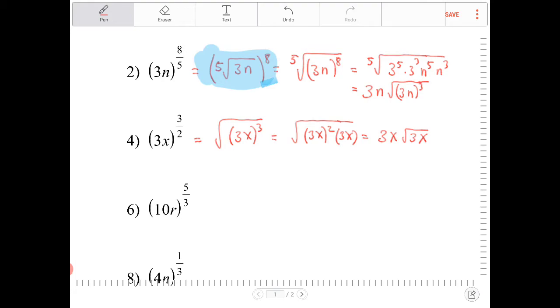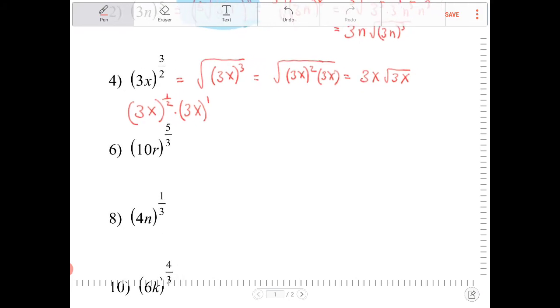Alternatively, for us to get to this point, this is another way of thinking about it. 3x to the 3 halves is the same thing as 3x to the 1 half times 3x to the 1. Right? Because 1 half plus 1 is 3 halves. And I'm going to approach the next problem in this manner. It's all the same thing.